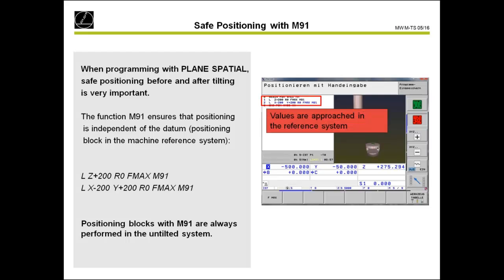Then the machine will go to this position. So you see in the value here, these values are the values for the reference system. And here you see the workpiece system. It's easy to see, it's the actual status here.